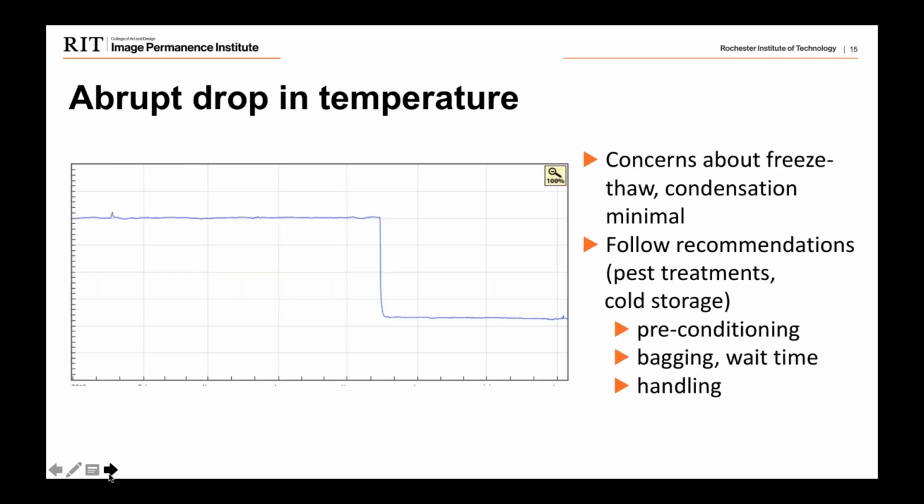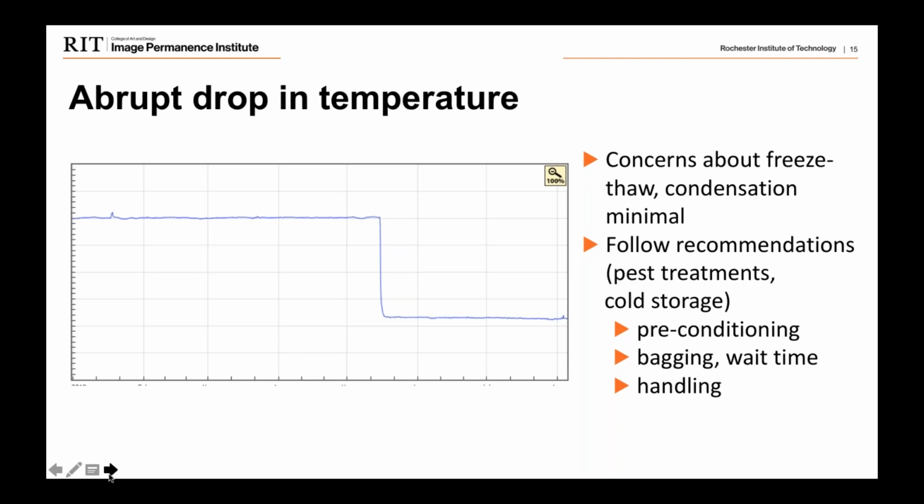Now, vice versa, if we see an abrupt drop in temperature, usually the concerns we have regard freeze-thaw processes, dehydration, condensation occurring, or even swelling. The studies that have been done that look at this have found that most objects really lack sufficient moisture for these to be issues.